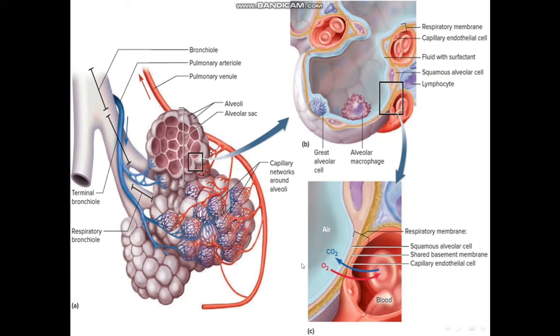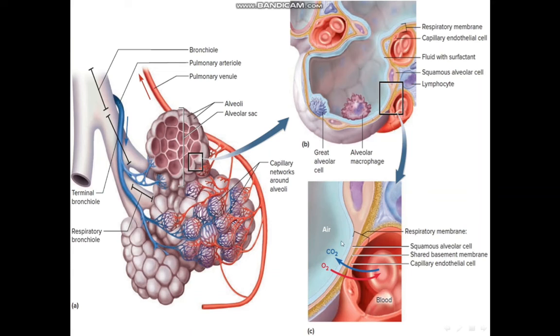Here we can see at the molecular level how the alveoli work. The alveoli have a single layer which allows diffusion, with oxygen at high concentration. In the alveoli, oxygen is at high concentration and carbon dioxide at lower concentration, and in the blood, the opposite. So oxygen molecules diffuse across the single layer to the capillary, to the bloodstream, and they give the oxygen to the bloodstream, and carbon dioxide then returns to the alveoli.